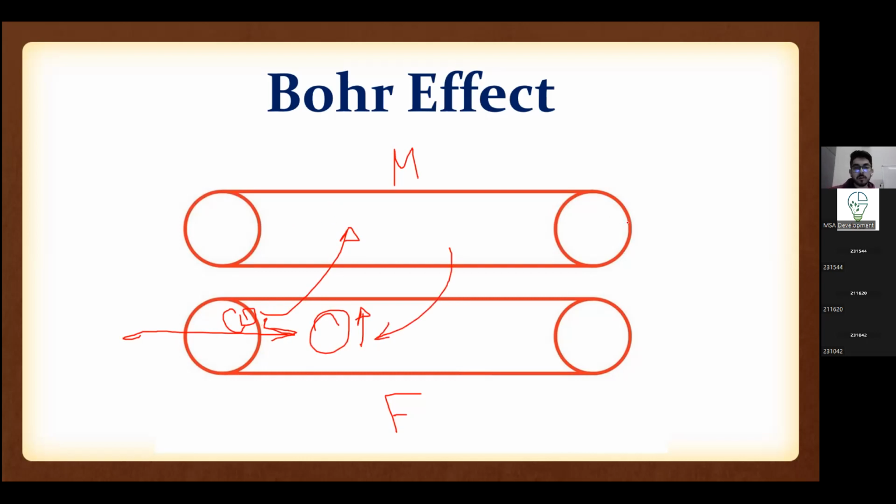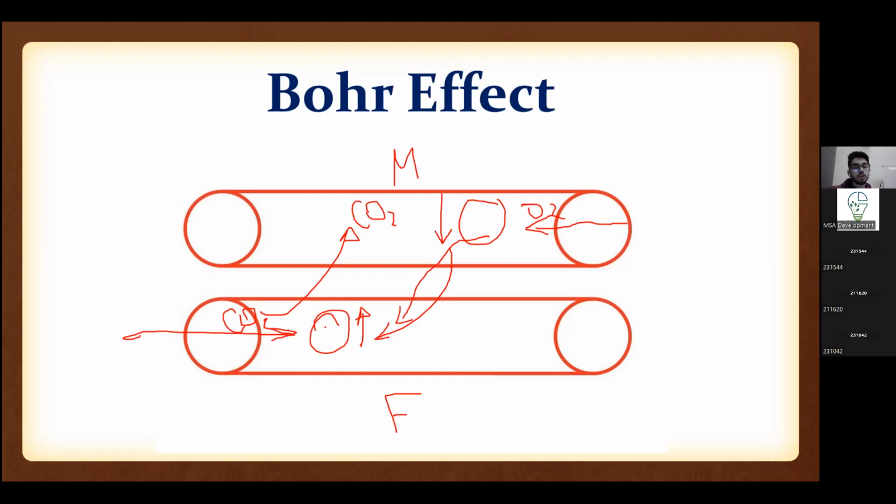What about the blood of the mother? Hemoglobin of the mother will come with O2, and because of this CO2 given by the baby to the mother, the hemoglobin here is going to have a lower affinity to O2. So now the hemoglobin here is going to release more O2 to the fetus.